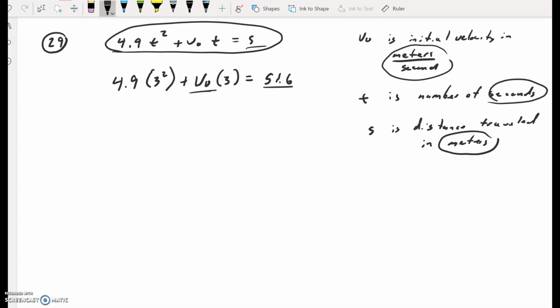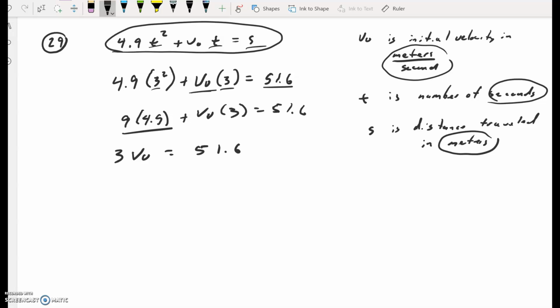So we put in the 51.6. We put in t equals 3. For t squared, we put 3 squared, and I'm going to call the 3 squared 9. So we have 9 times 4.9 plus v0 times 3 equals 51.6. Subtracting this from both sides, we have v0 times 3 equals 51.6 minus 9 times 4.9.